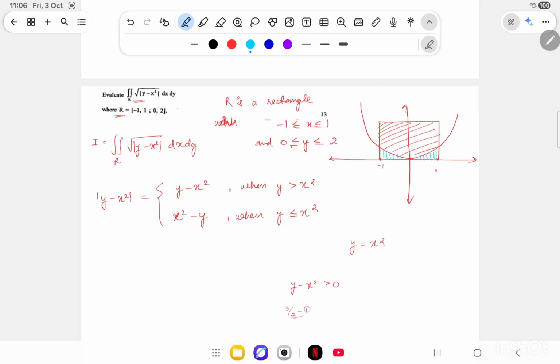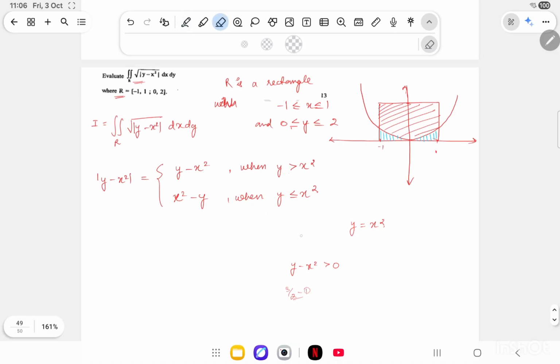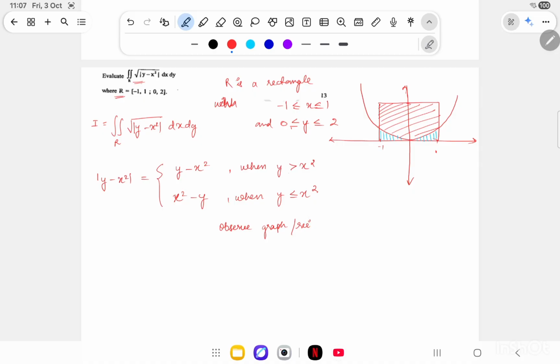If you observe, the region over which we are integrating is symmetric along the y axis.